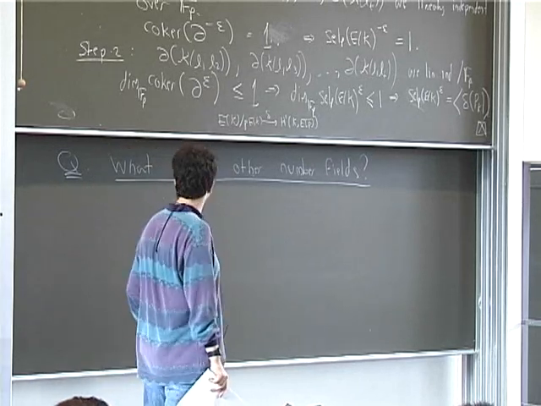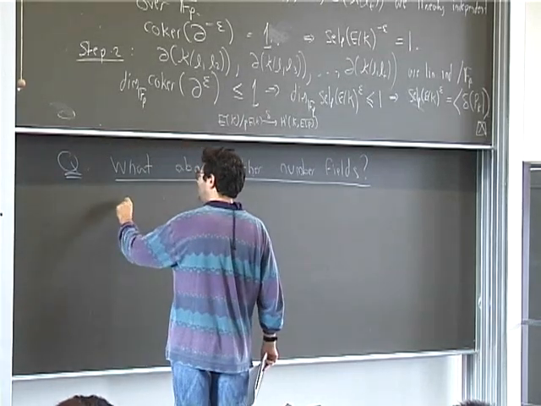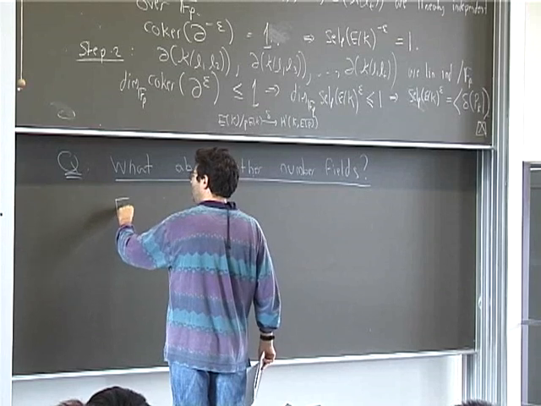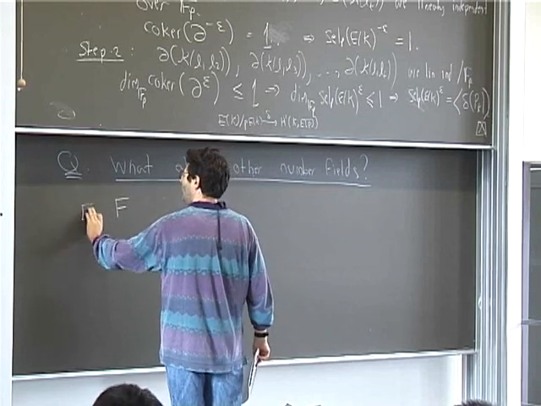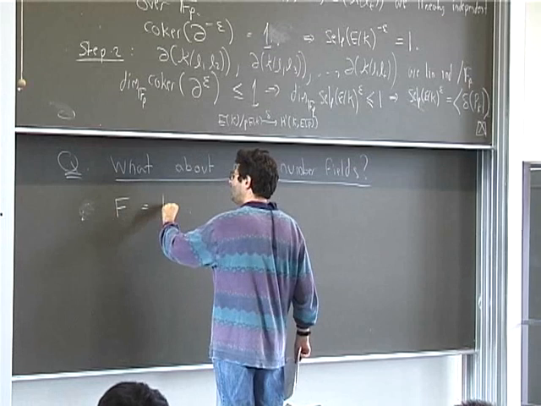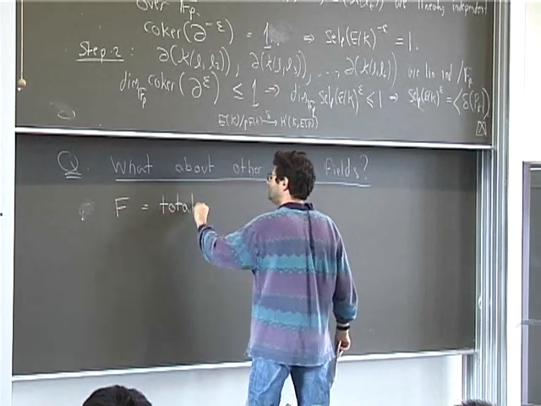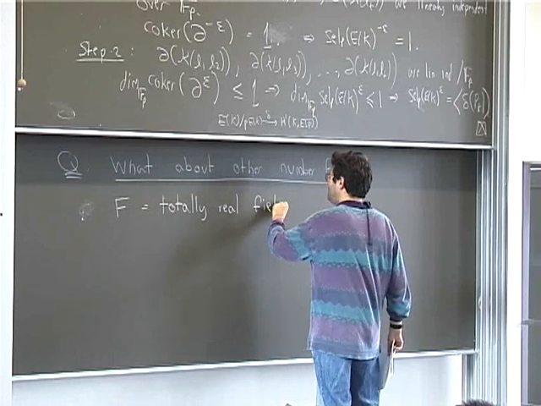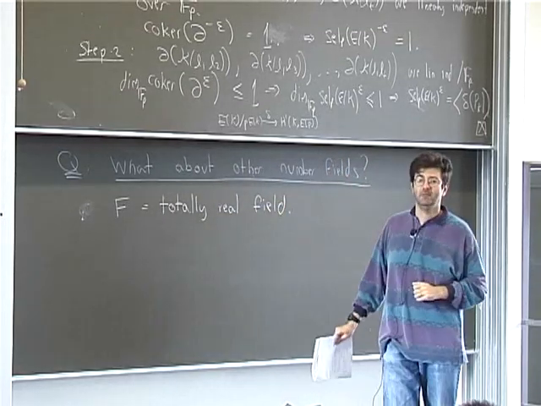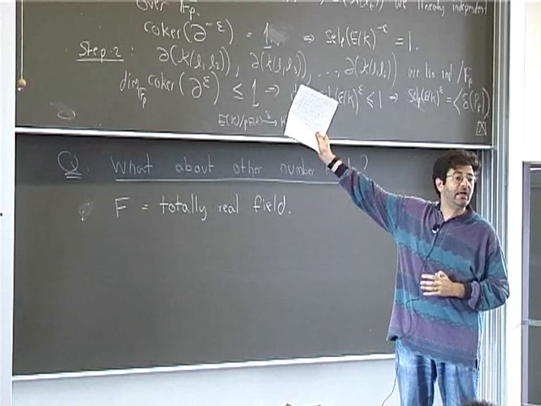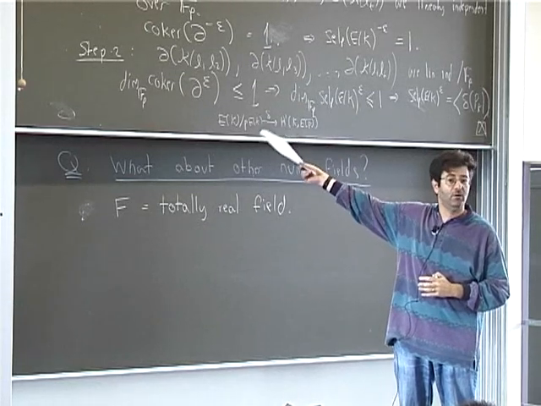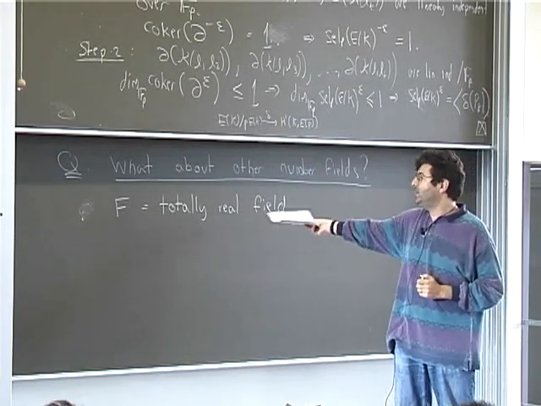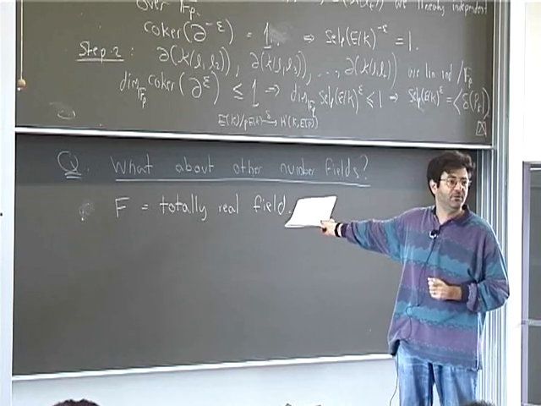I mean, so what I'm going to explain now is that if we have an elliptic curve over a totally real field, so now F is going to denote a totally real field, then to a large extent, the main ingredients we had in this proof of Kolyvagin and in Gross-Zagier would appear to generalize for many elliptic curves defined over totally real fields.